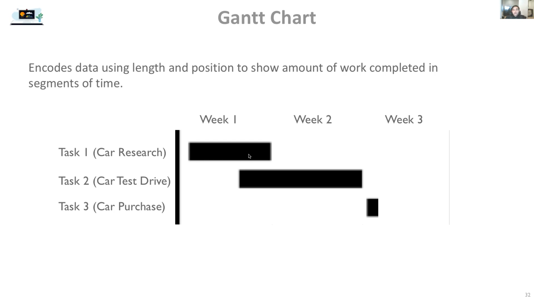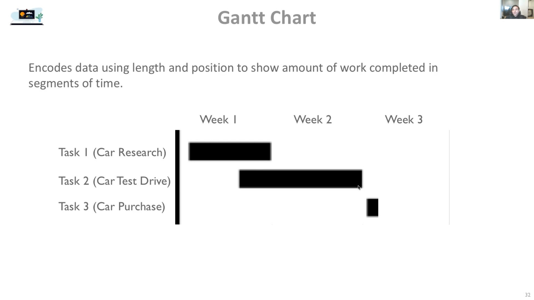Task 1, we first do some research. We do online research. We ask our friends about their experiences, etc. We do this for almost a week, and then we start test driving select cars. We can actually do more research while we are test driving these cars, so these two tasks can partially overlap.